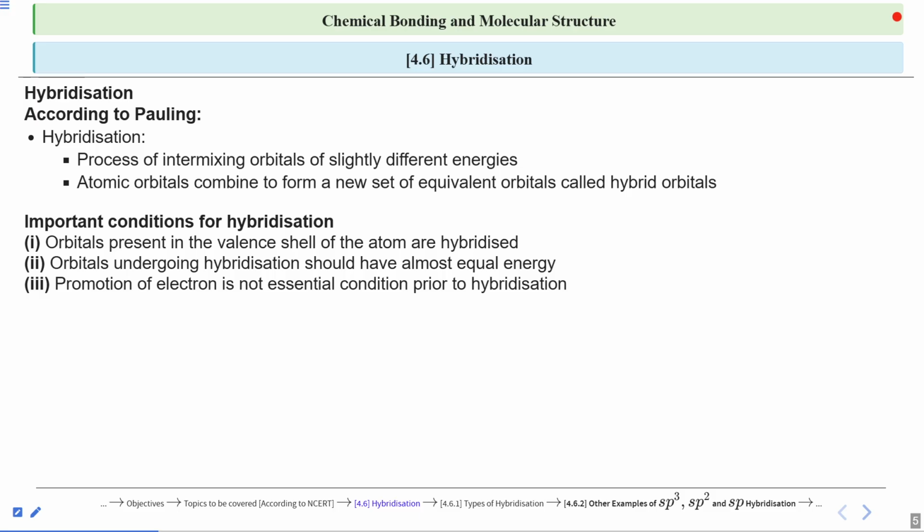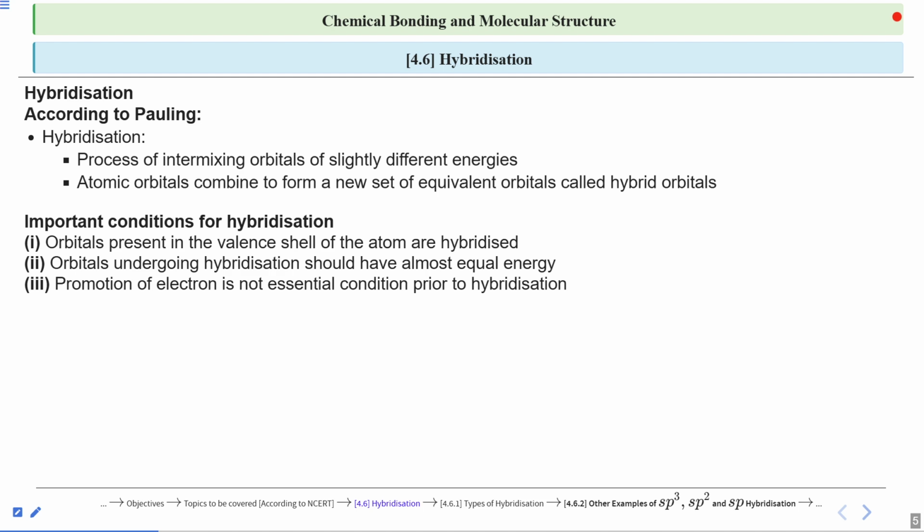Then the next important point, where there is always confusion. Most students make the mistake of always promoting the electron while doing hybridization. This is never an essential condition. If you are trying to hybridize two orbitals, of course there will be electrons in those orbitals. It can be one way or the other: there may be promotion of an electron or there may not be.